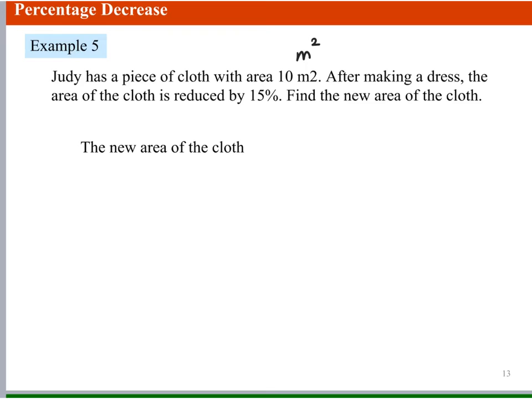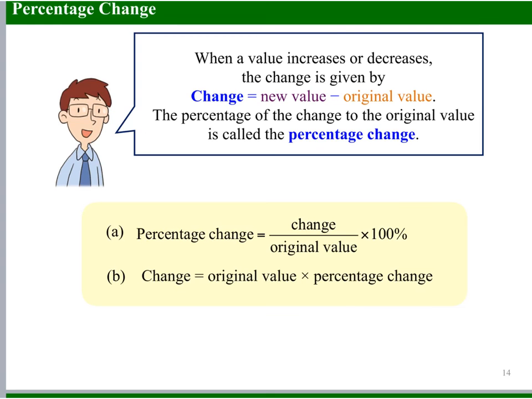The new area of the cloth equals the original times 1 minus 15%, which equals 8.5 m squared. We're using the second equation here.